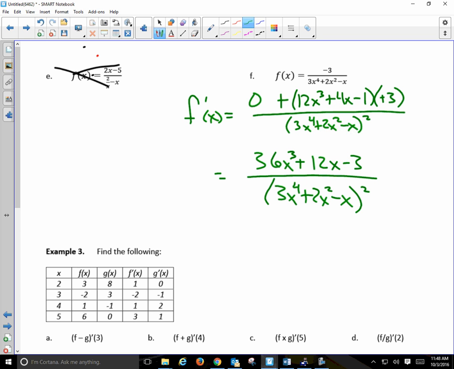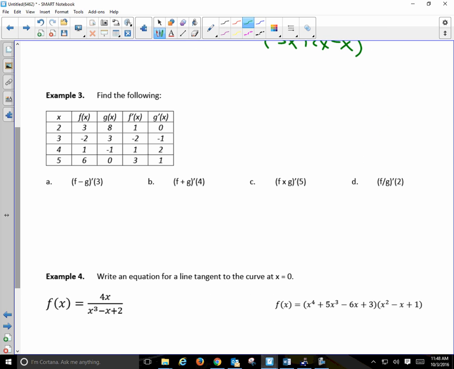So we showed you a few examples that involve algebra. Let's look at a few examples that don't involve algebra. I love this kind of problem, and you'll see this kind of problem on my test, as well as the AP exam. So let's find the following: f minus g prime of 3. That means you take f prime of 3 minus g prime of 3.